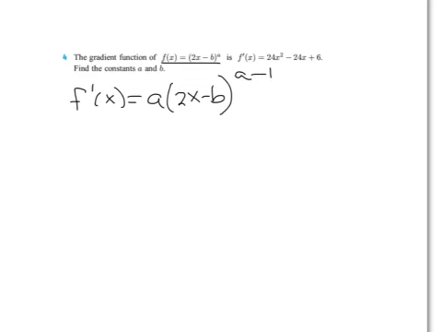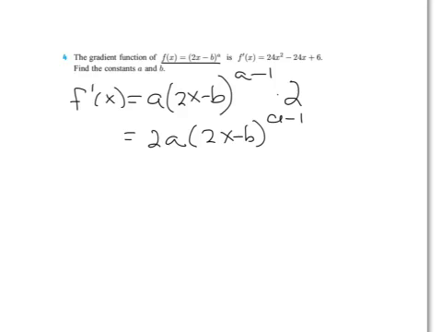But don't forget, we have to multiply by the derivative of the parentheses, which is just 2. So we really have 2a times the parentheses 2x minus b raised to the a minus 1.